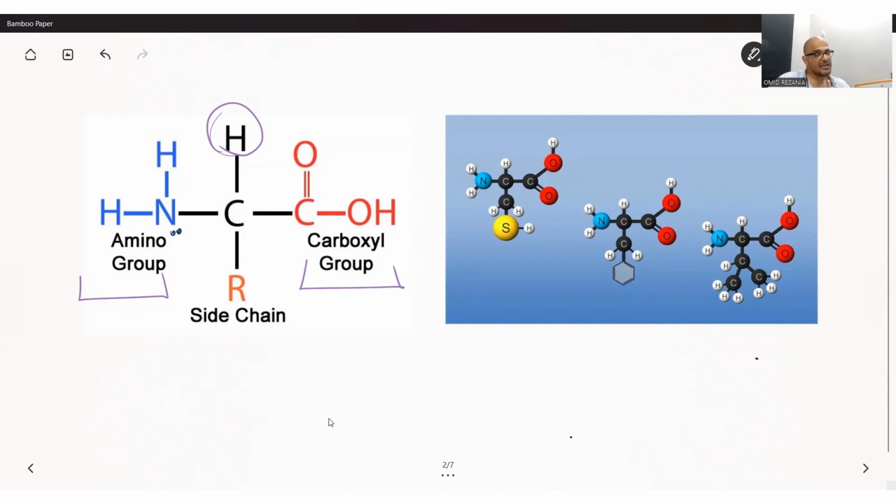What does it mean? It means that they can either accept or release hydrogen, because they come under the category of acidity and basicity. Now, if they are representing the property of being either acid or base, then we have to attach them to the pKa value.